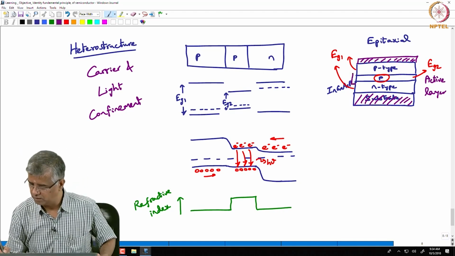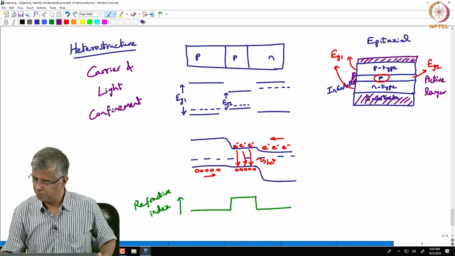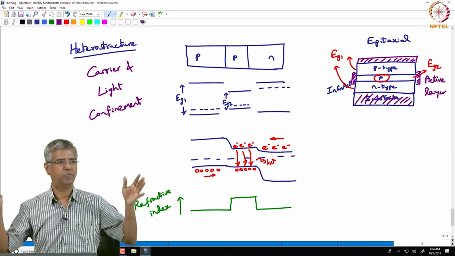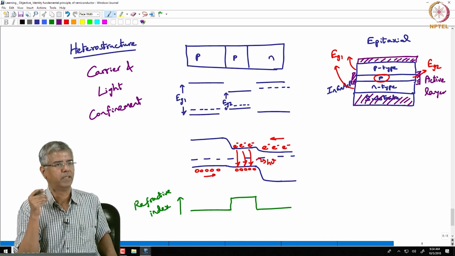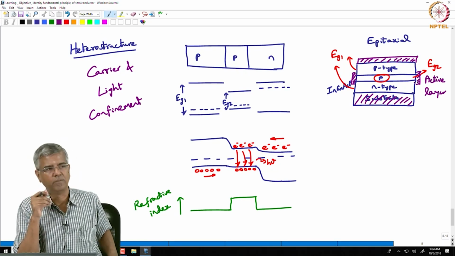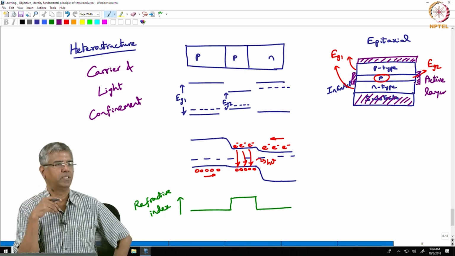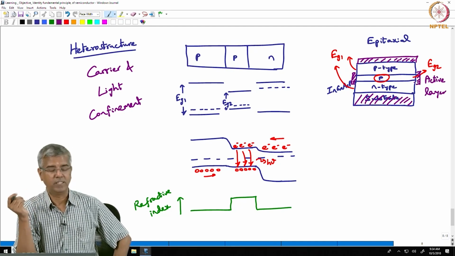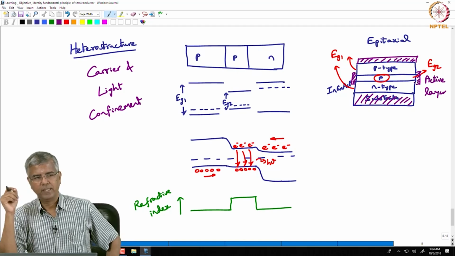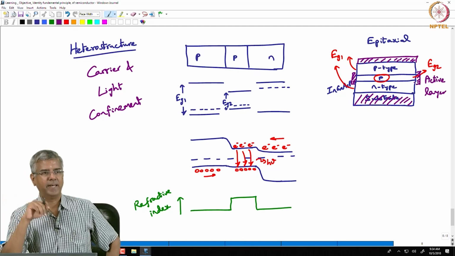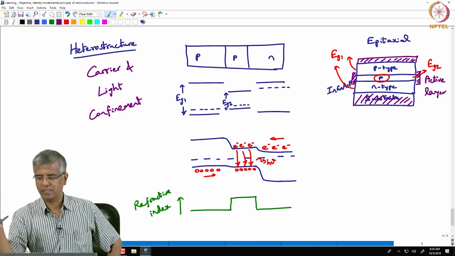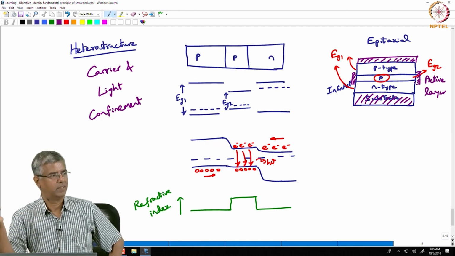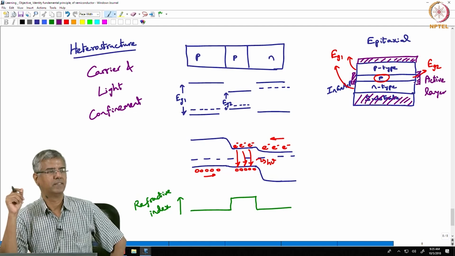So on these ends, if you put a mirror on either facets, then you could have stimulated emission happening, and it could actually build towards a laser. So in some ways it is easier to get a laser out of a semiconductor structure like this, heterostructure like this, than get LEDs.